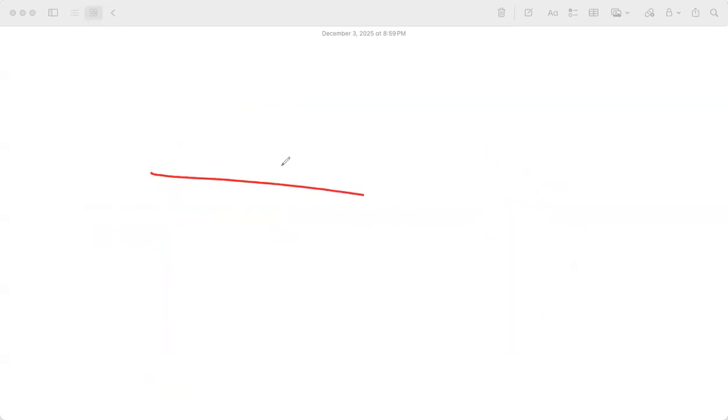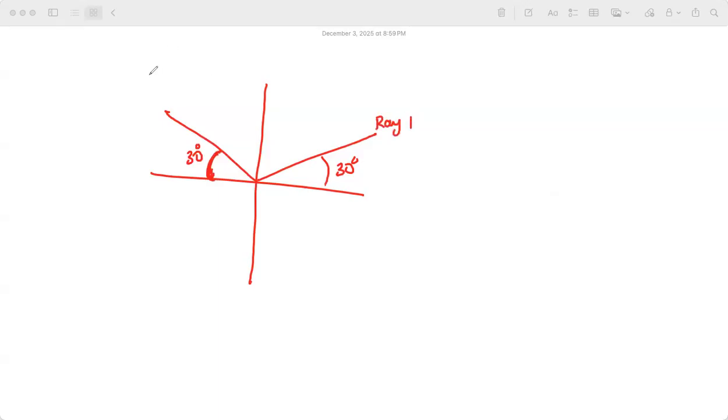Okay, now suppose I have an angle like this. This is 30, yes, but I can't call this angle 30. How do I indicate ray 1 and ray 2? They are different, meaning they are at different positions. If I just say 30 degrees, how will you know what your baseline is? You will never be able to identify where ray 1 and ray 2 are.